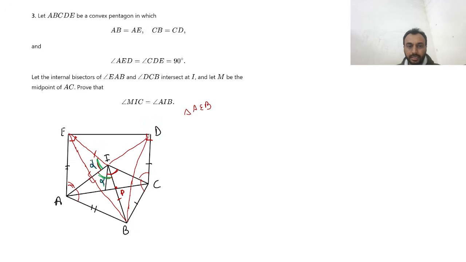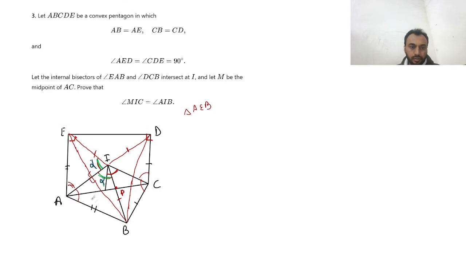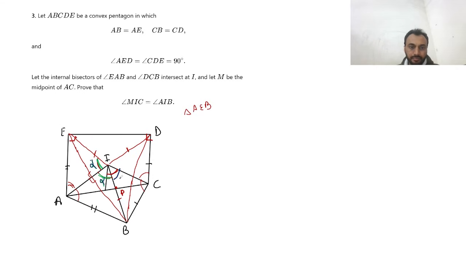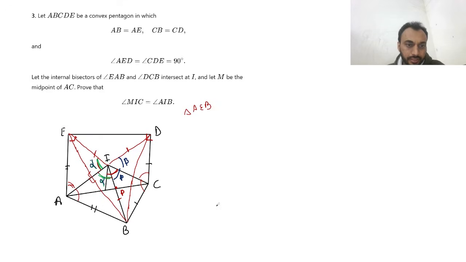So if I join ID also, then I can say IB is equal to ID also, and this IC bisects the angle BID also. Yes or no? So these two angles are equal. Let's call them beta and beta.